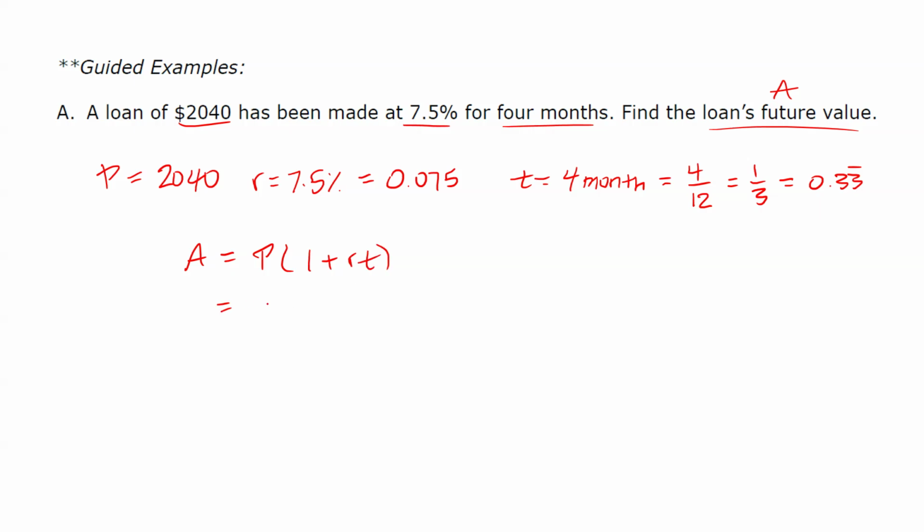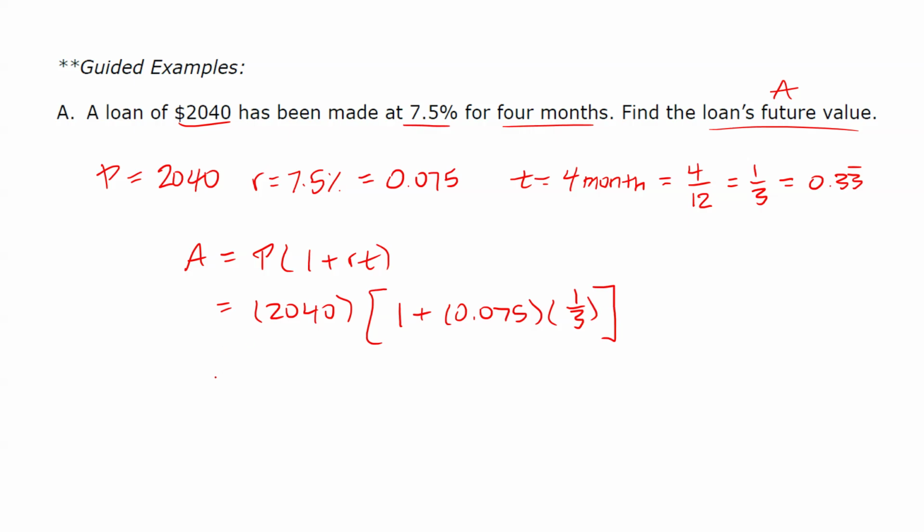Let's substitute in our values. 2040 times 1 plus 0.075 times. And since my fraction is repeated as a decimal, I'm going to keep it as a fraction so it can utilize the whole value.